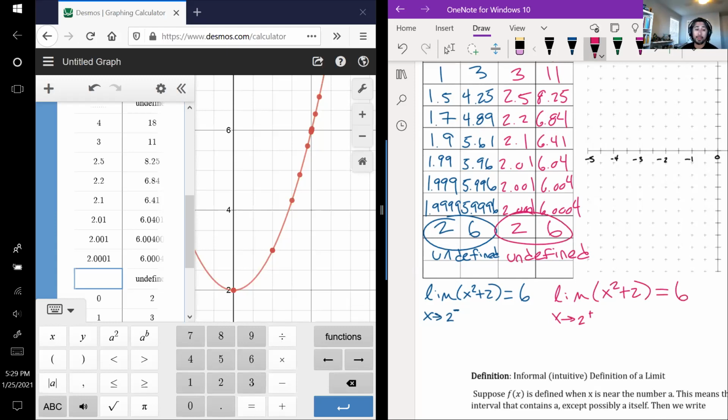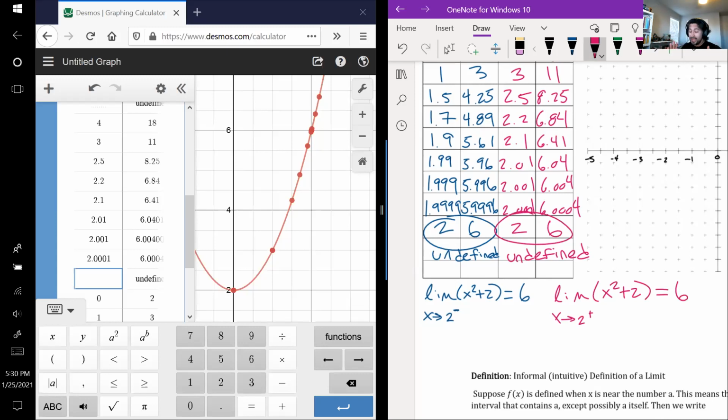Okay. And now you guys are about to prove the existence of a limit, or we will prove the existence of a limit with your help, right? So as x approached 2 from the left, the limit was 6. As x approached 2 from the right, the limit was 6.